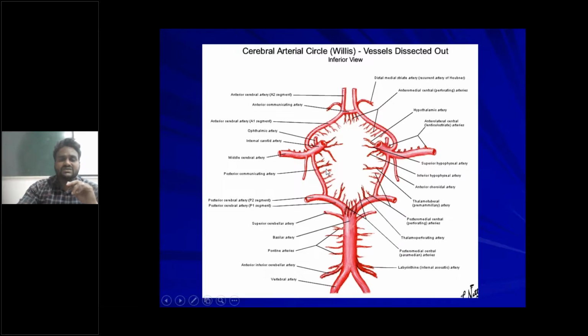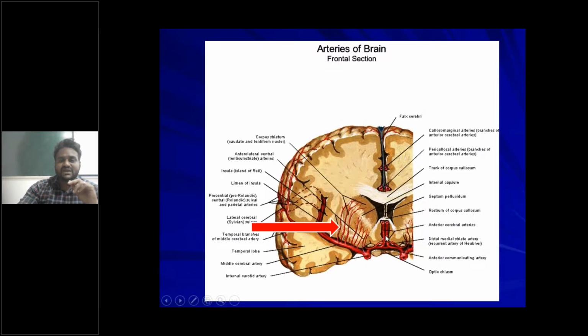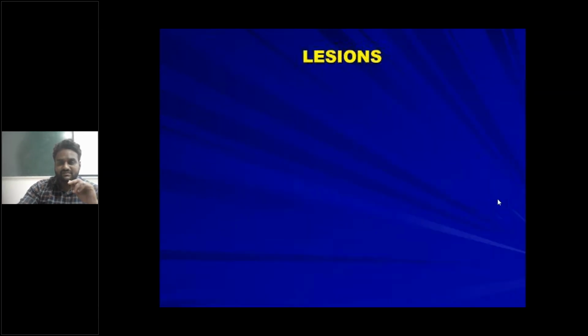Usually these are branches of the cerebral arteries, the posterior cerebral artery and the anterior and middle cerebral arteries, communicating branches, and also choroid branches. So this is the blood supply of the thalamus. In this picture, this part is the thalamus. You see the blood supply of the thalamus from the cerebral artery.